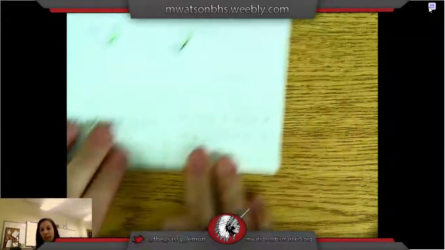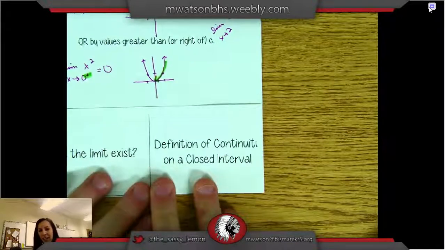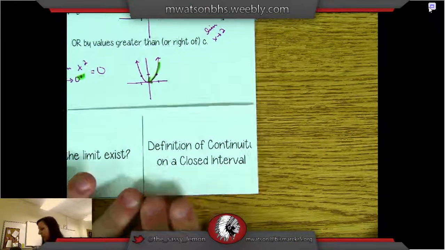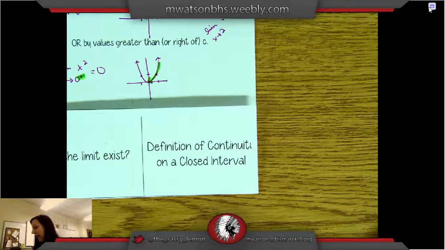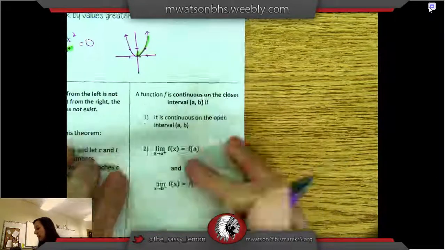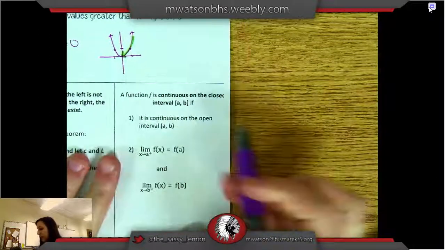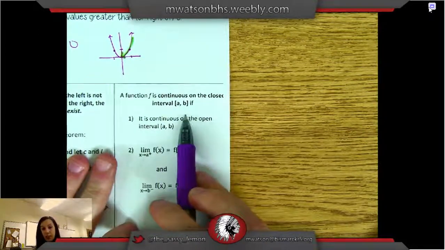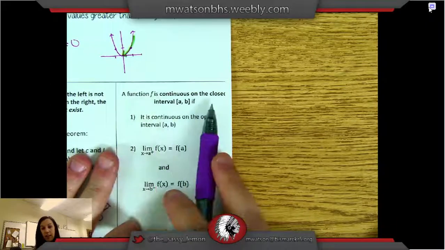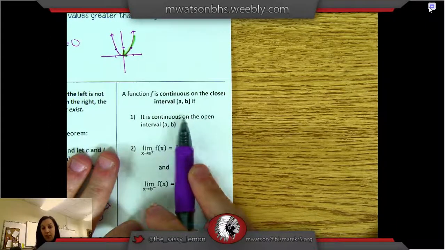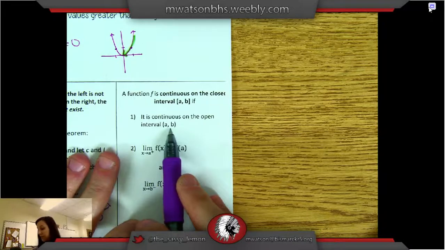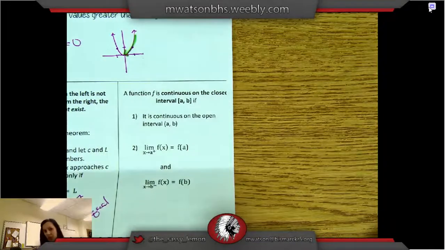And that's it. So it's just like a little proof thing that we're going to be doing, and we'll practice that in class. And then here we've got the definition of continuity on a closed interval. So in the last lesson we talked about continuity on an open interval or at a point, but here we're going to talk about at a closed interval. So again, you're going to have conditions. It's continuous on the closed interval if it is continuous on the open interval. So basically those 3 conditions we already learned.